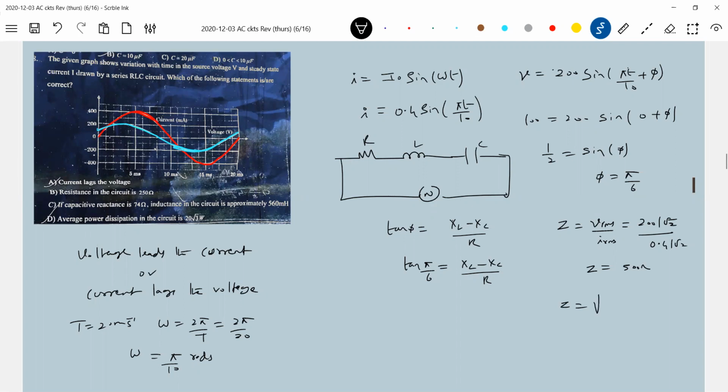What is the use of impedance? If you know impedance, then you can write Z squared equals R squared plus (XL minus XC) whole squared. What all do we have to find out? We have to find R, L and C also. So that's the second equation. Solving equations 1 and 2, XL minus XC, I'll substitute R by root 3.